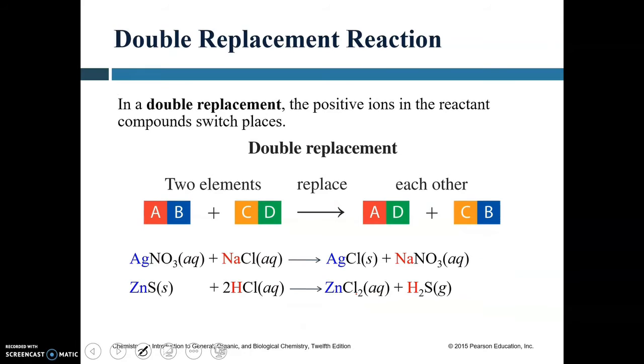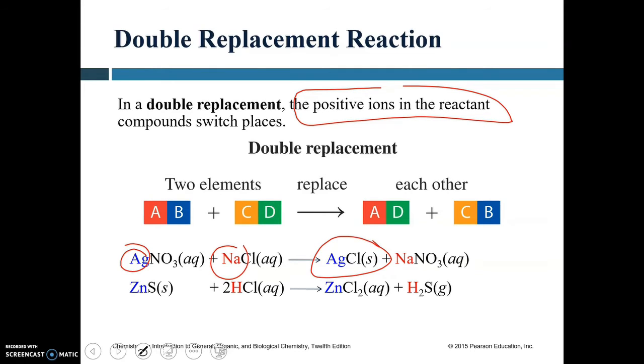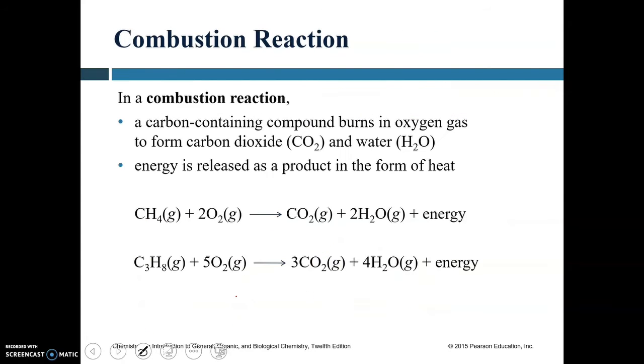But in a double replacement reaction, the positive ions in the reacting compounds switch places. So here you see silver and sodium, they switch places, forming the precipitate of silver chloride and sodium nitrate. When you react zinc sulfide and hydrochloric acid, it forms zinc chloride and hydrogen sulfide gas, and zinc and hydrogen switch places.